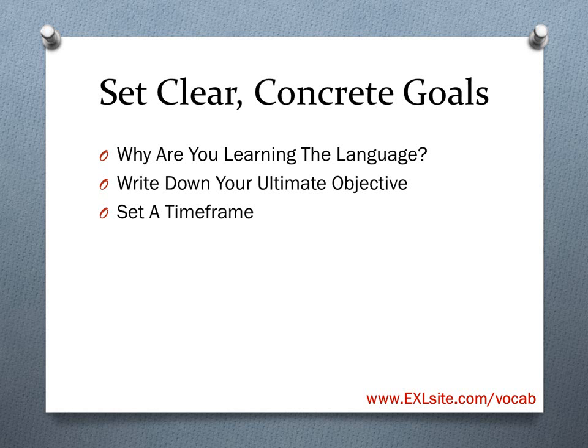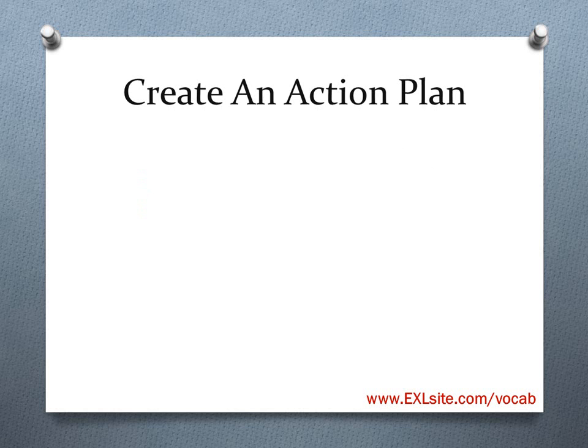You are declaring to yourself that you are going to accomplish this, and also set a time frame. By when do you want to accomplish this? Otherwise, it's just a wish, something that you're thinking about, but it's not a goal until you set and define a time frame for it.